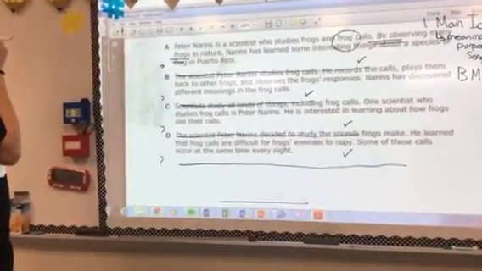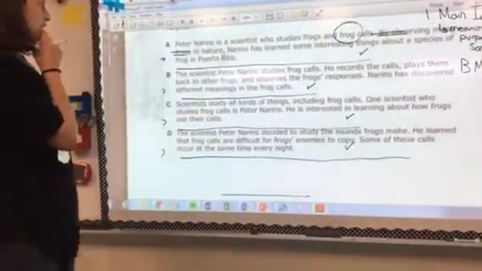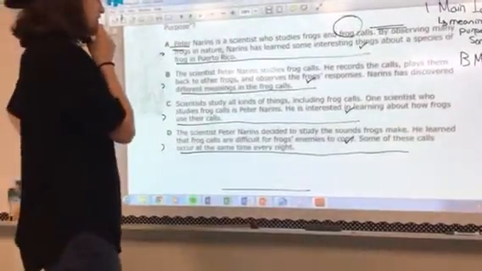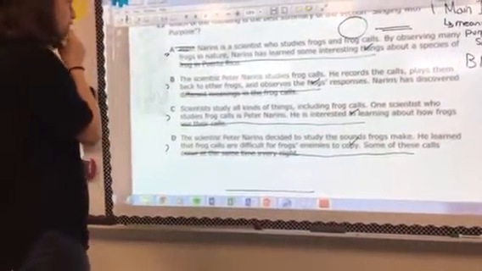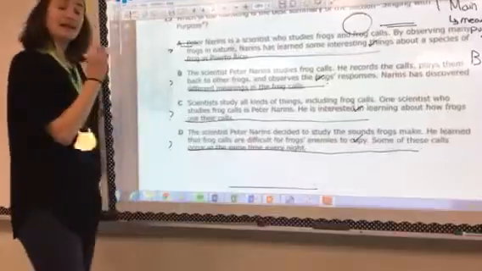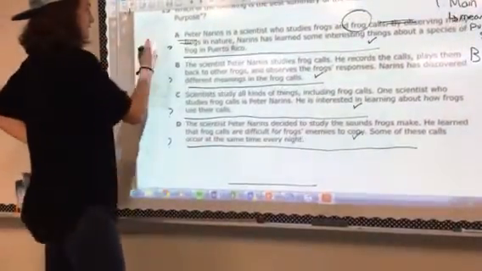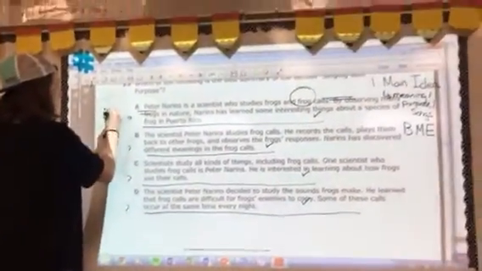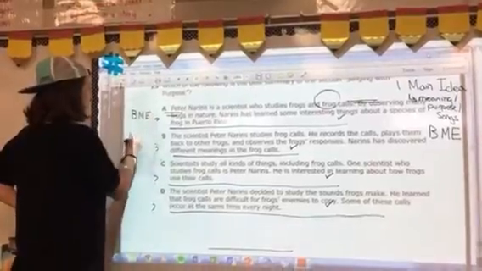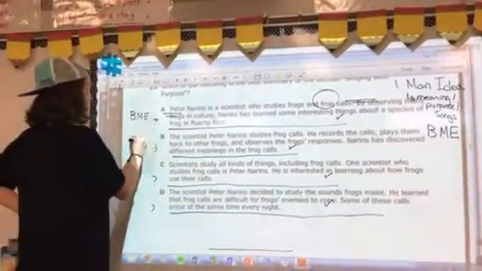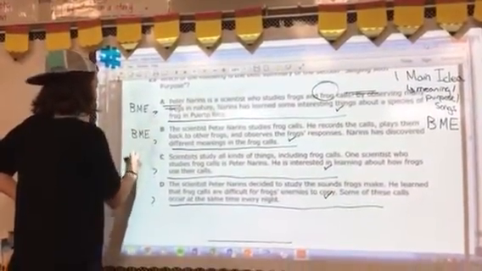Here we are. By observing many frogs in nature, Narrans has learned some interesting things about a species of frog in Puerto Rico. So I know from my literary summary lesson that I should always write BME next to each answer choice. This is going to remind me what I'm looking for in each choice.